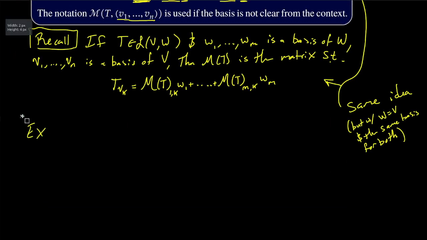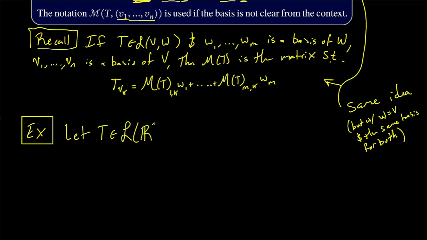So let T be a linear map on, say, R3, defined by T of (x, y, z) equals (2x plus y, 5y plus 3z, 8z).